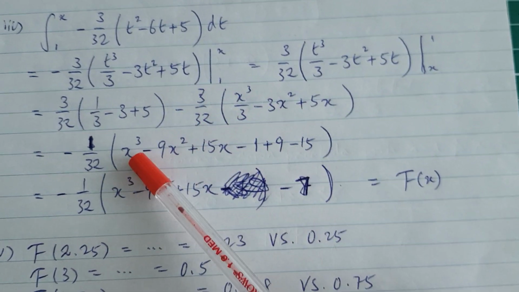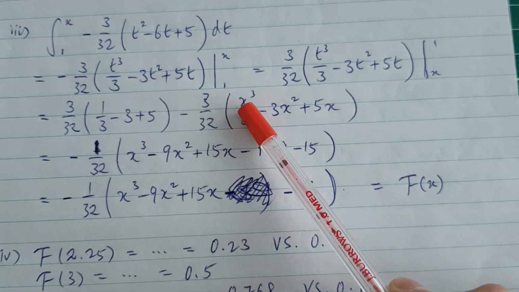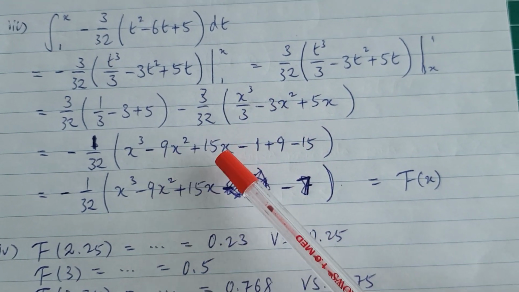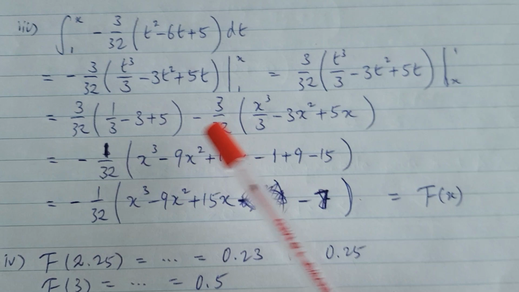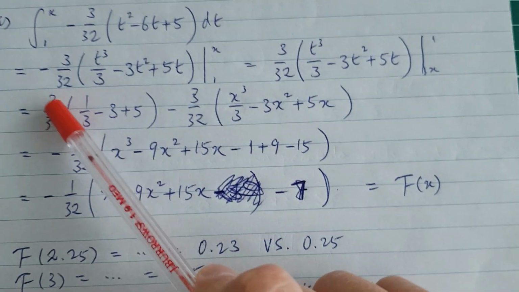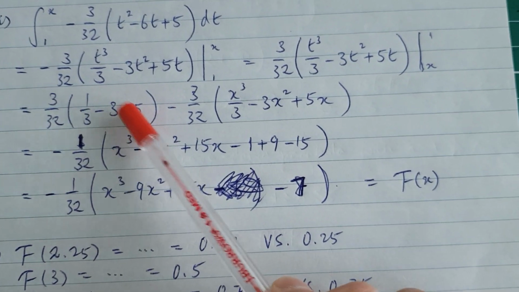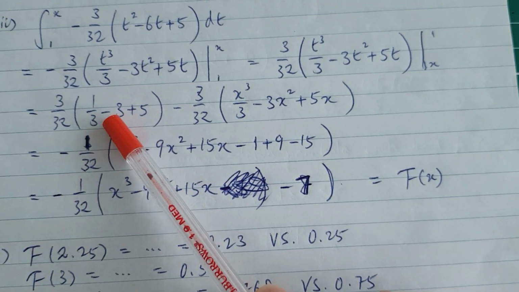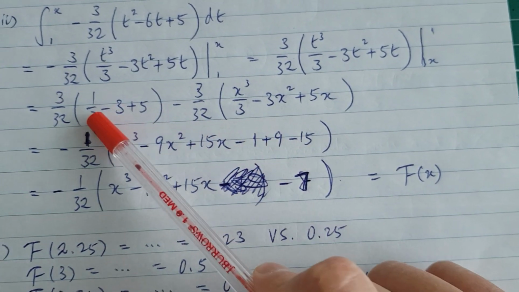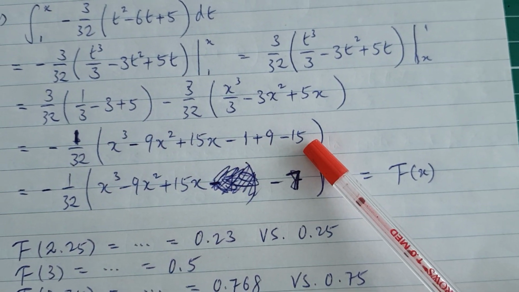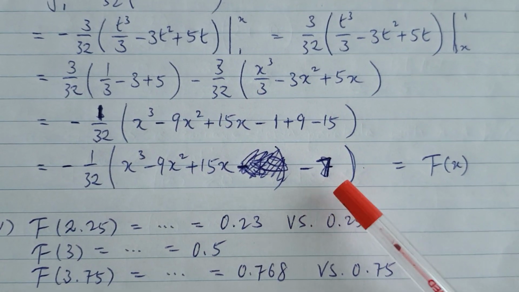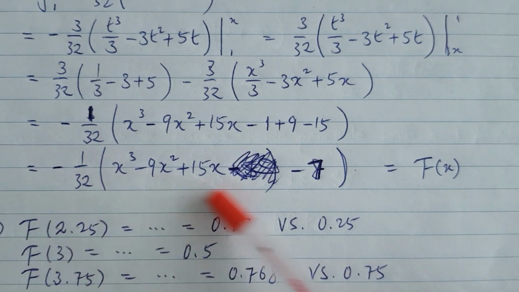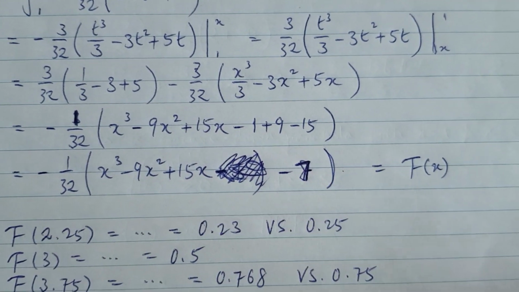So 3 and 3 cancel, so x cubed minus 9x squared plus 15x, and this one is now negative 1 because I've taken the negative out, so it switches all the signs inside the bracket. So that's going to be negative 1 plus 9 and negative 15. Collect the like terms, then you get this. And believe it or not, that's your big F of x.